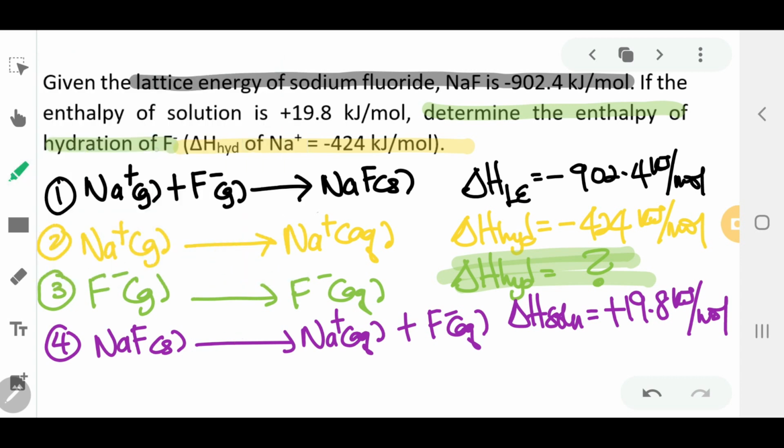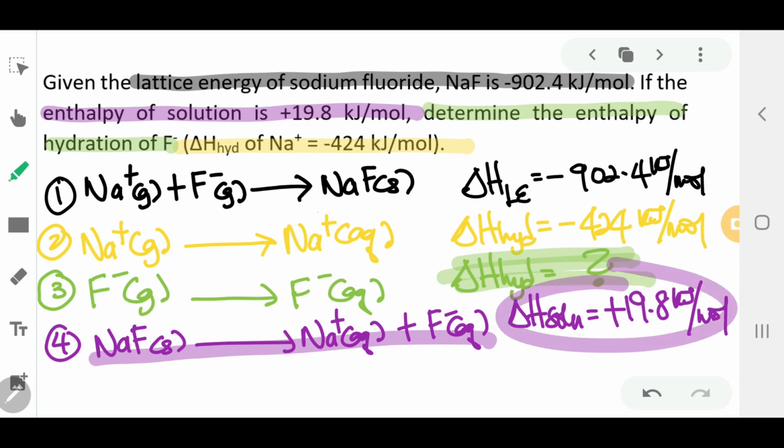The one in purple, number 4, is the solution. You have the enthalpy of solution, which is 19.8 kilojoule per mole. And this is how you're going to write the thermochemical equation, and you have the value right there. We have all 4 thermochemical equations you need to have.